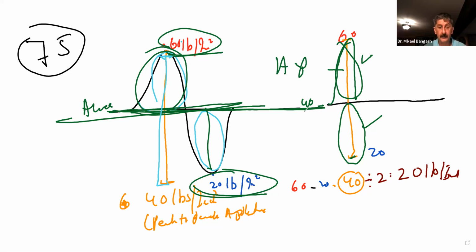Then we just divided that range into two, because half of that range is on the maximum side, and half of that range is on the minimum side.